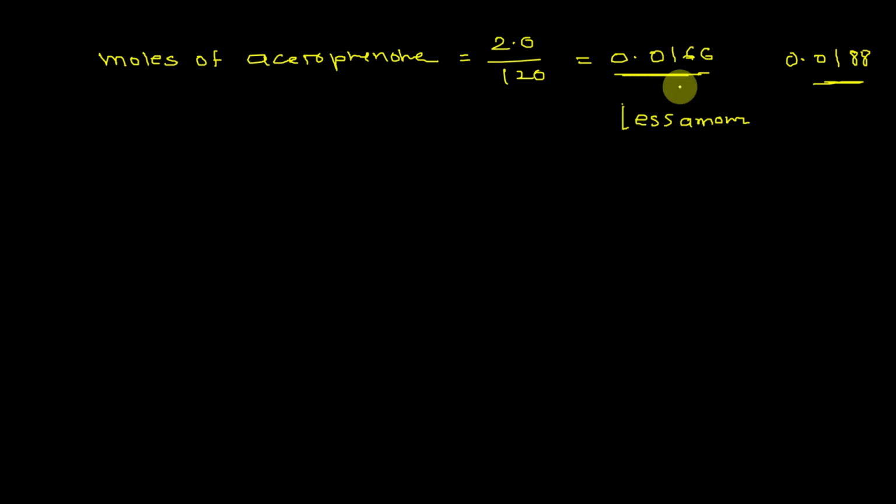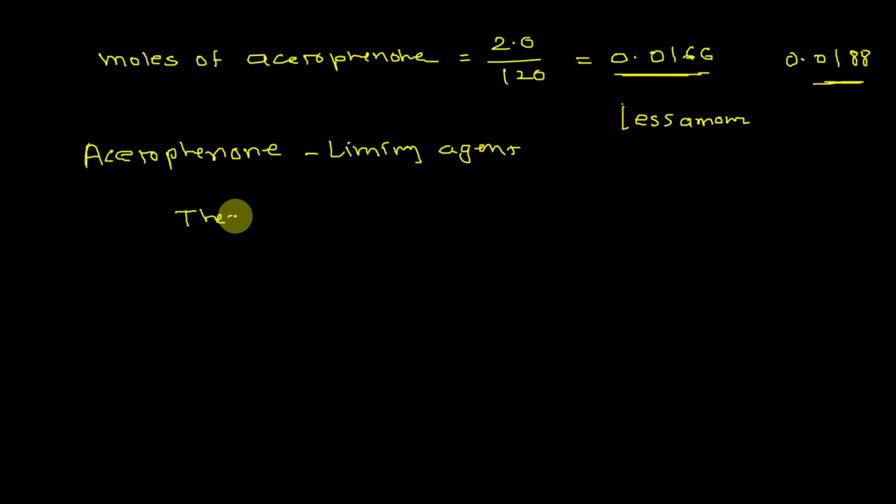The reagent which is present in the less amount or which will get consumed completely in the reaction. So acetophenone is your limiting agent here, right? So you will calculate yield, theoretical yield with respect to acetophenone, right?